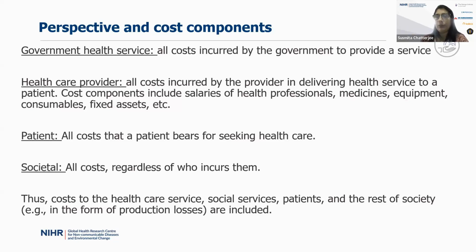Suppose you are now calculating the cost of providing COVID-19 vaccination from a government perspective, okay? The cost components that need to be added are the government staff time, government spending on vaccine, syringes, transportation of vaccine, transportation of people. Government gave some incentives to the government healthcare providers, like the staff. That needs to be added because that was government spending.